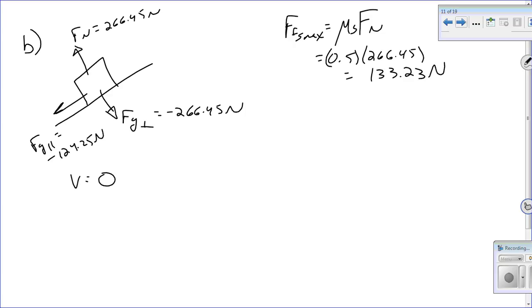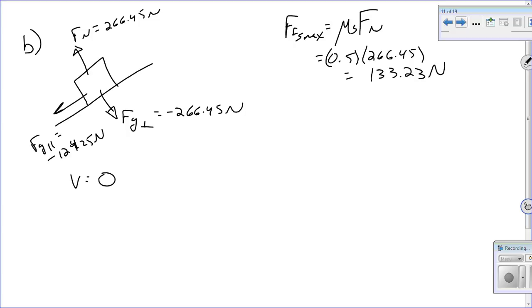So, is it going to slide down the hill? No. Nope. So if the problem just said will it move or not, make a free body diagram, you'd be done. Except you'd have to put in your force of static friction, which would be 124, right? Enough to cancel it out, right? Molly? Oh, okay. All right. Is everybody good up to that?